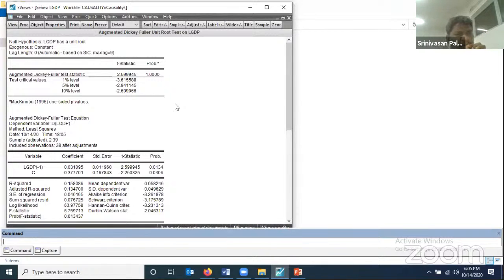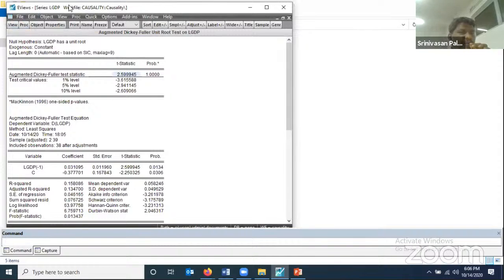Forget about the p-value. You compare this t-value with the critical value at 10%. The calculated value is less than the critical value, 2.59 and 2.60, so we accept the null hypothesis. This is not stationary.